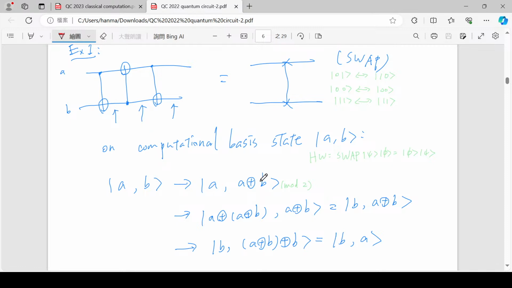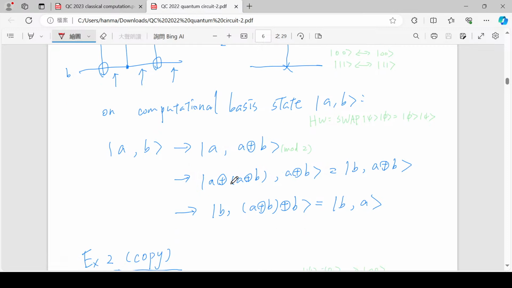So here we have A and A plus B, and then we swap the control and target. Now we need to add the second qubit back to the first qubit. The second qubit stays A plus B, and you add it back to the first qubit, so A plus A plus B. And then we do some algebra, right? So A plus A plus B is like 2A plus B. But everything is mod 2, so 2A is 0. So this 2A plus B actually just equals B.